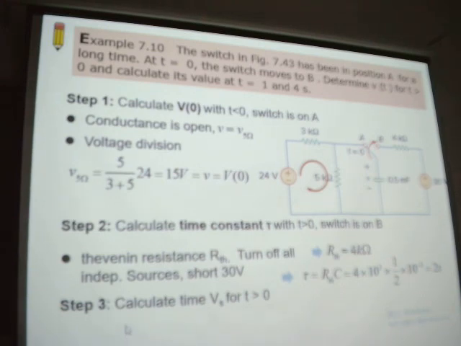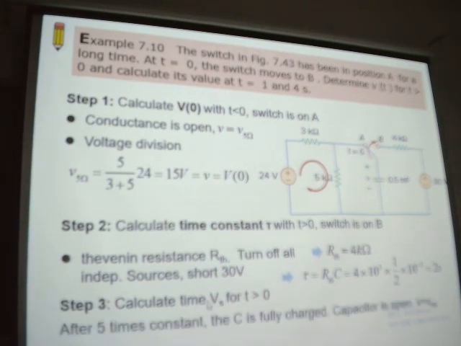At step 3, we should calculate the Vss for t greater than 0. No, actually we should calculate the Vss, so the time is wrong, okay? After 5 time constants, the C is fully charged. Did I introduce the time constant before?